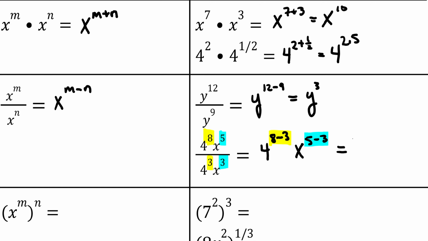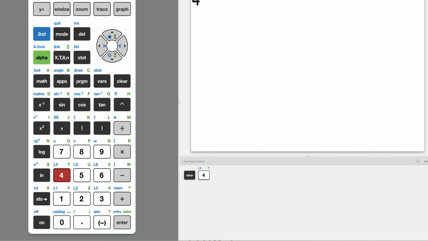So 4 raised to the 8 minus 3 is 5, 4 to the 5th power, and then x to the 2nd power. And I can't do anything with that x squared, but I can break that 4 to the 5th power down. Sometimes that's going to be enough to give your answer, like if you're working in derivative. But if that 4 to the 5th, you want to break that down a little bit further, you can go to a calculator and just type in 4 raised to the power 5.